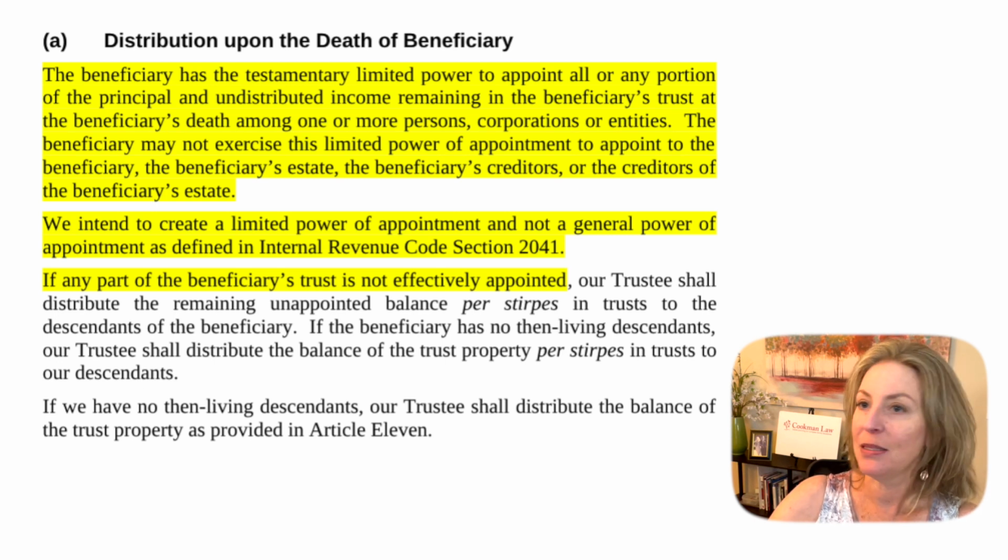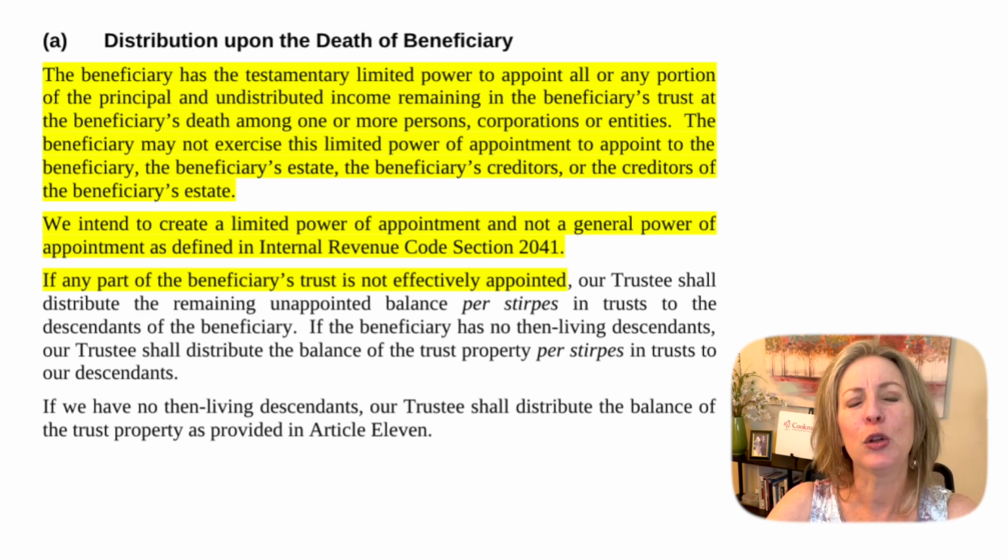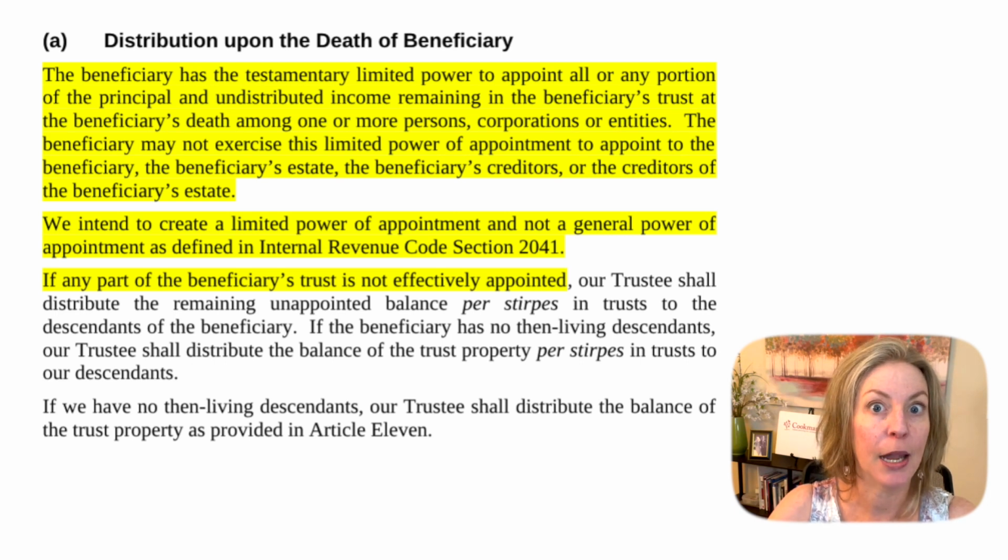So it can't be to me or my estate or my creditors, the creditors of my estate. That's lingo that we include so that it can't be included in my estate for estate tax purposes. Okay, so you find that a lot in dynasty trusts, for example. We're trying to avoid having to pay estate taxes at every generation.